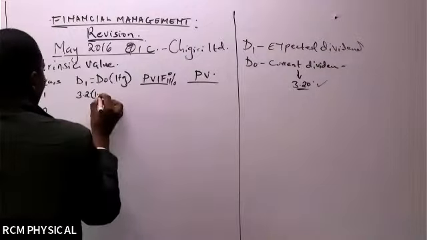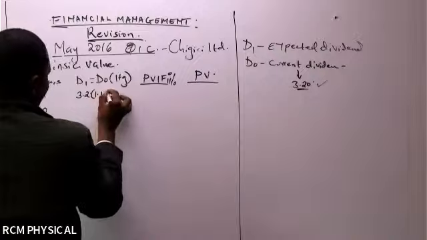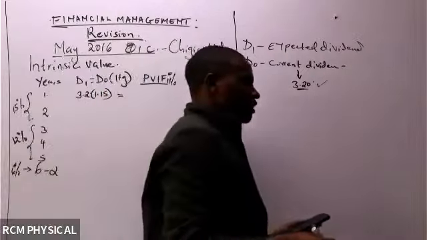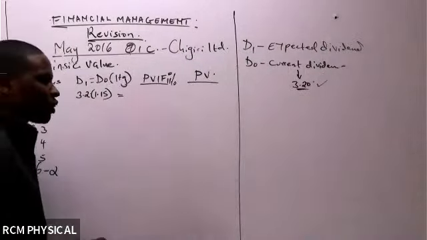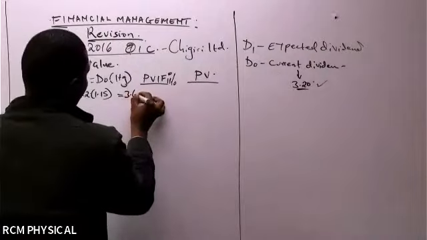So 1 plus 15% is 1.15. The value after the growth is 3.2 times 1.15, which is 3.68.